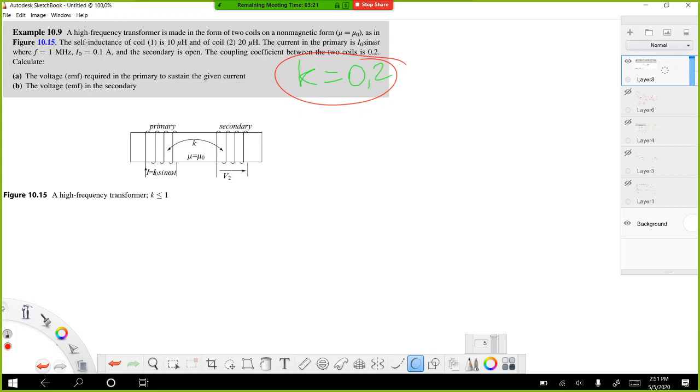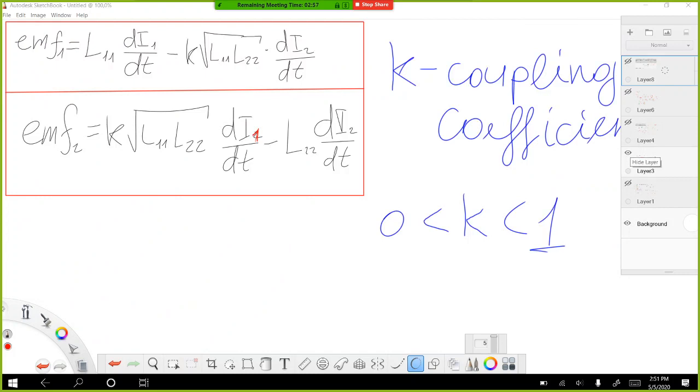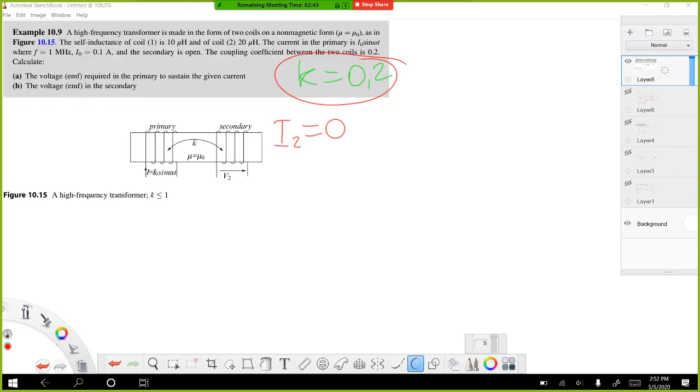And in addition, as the secondary coil is open, current in the secondary coil is 0. Okay, we need to use these equations for real transformers with flux leakage. I2 is 0.